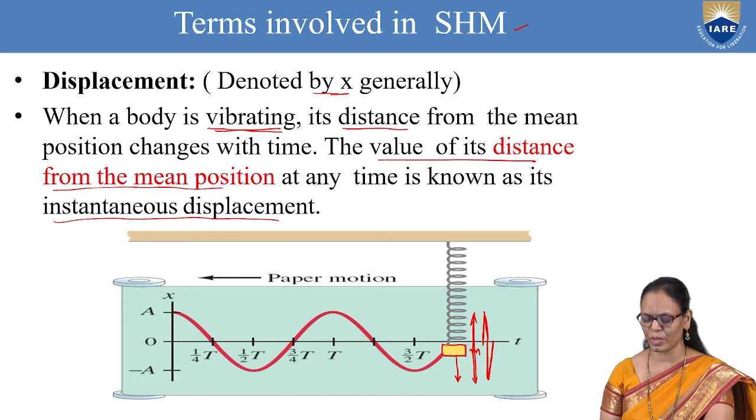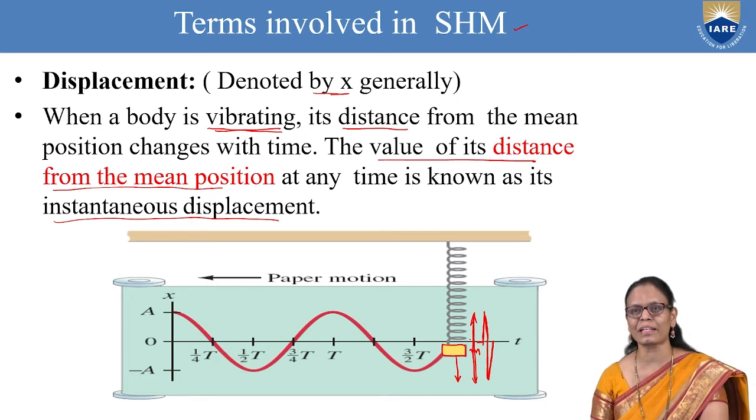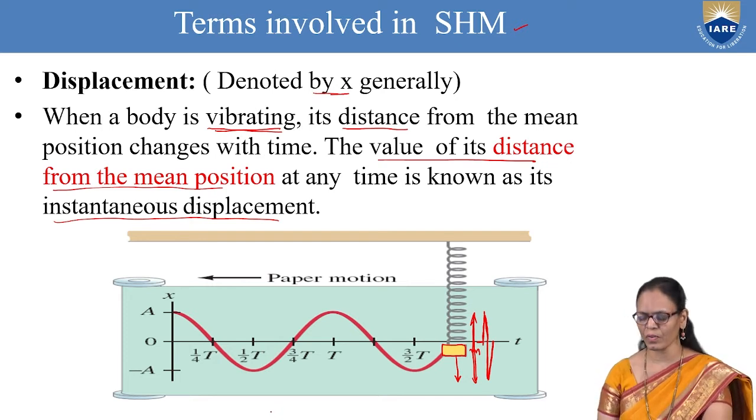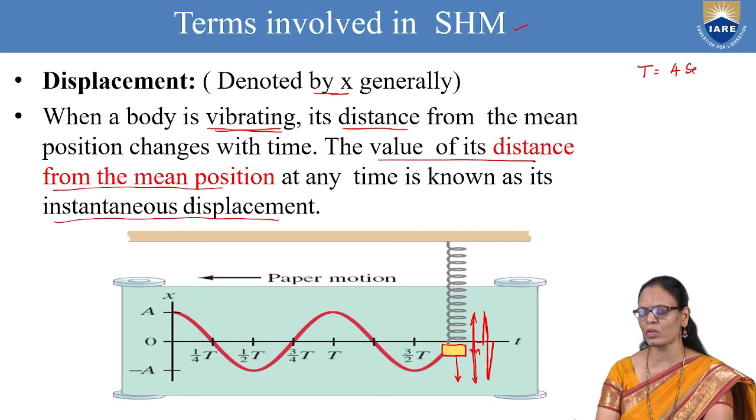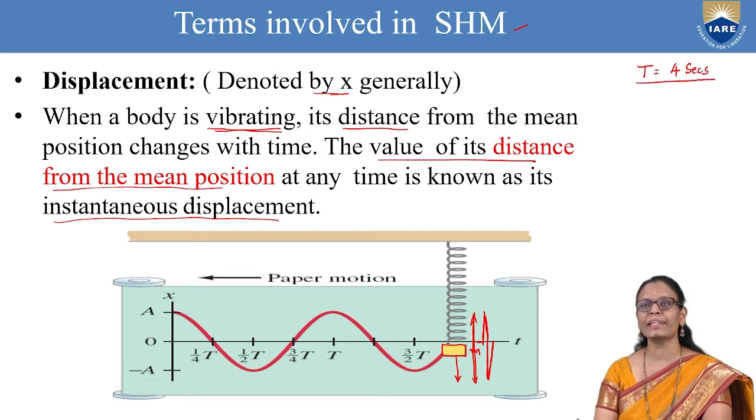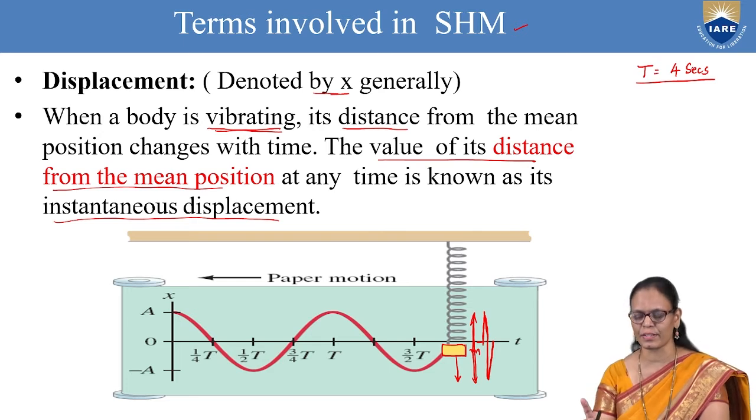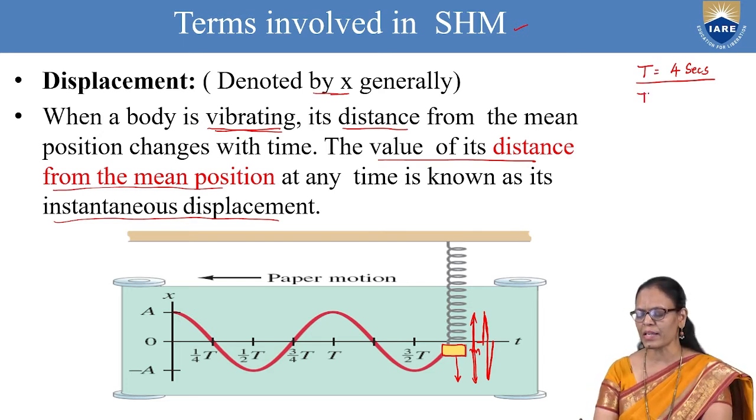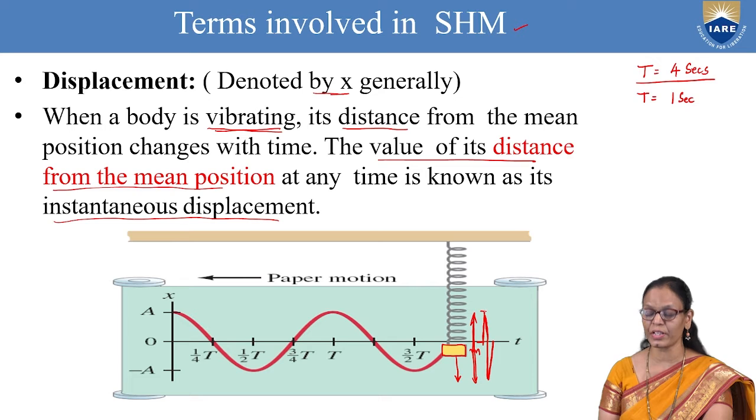Now suppose at time t equal to 0 seconds, the object is here at the mean position, and it takes, say, 4 seconds to complete one oscillation. I'm giving you the simplest example. At t equal to 1 second, the object may come from here to here.